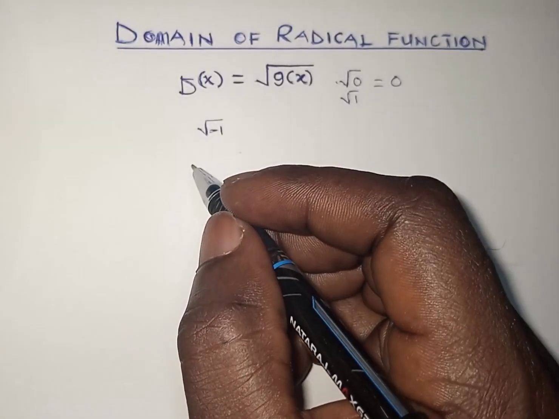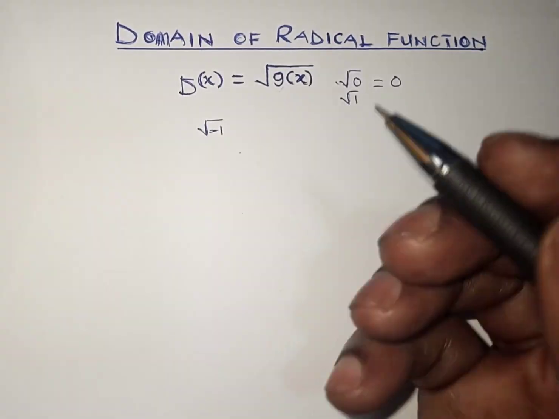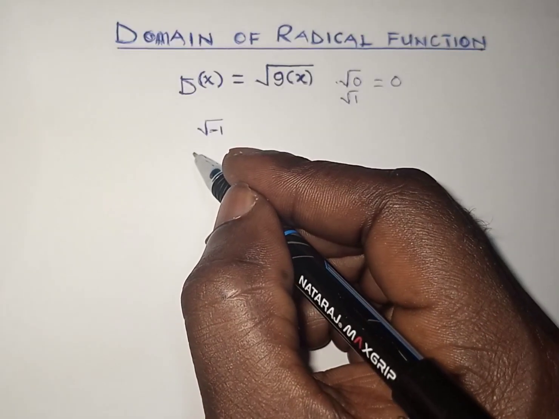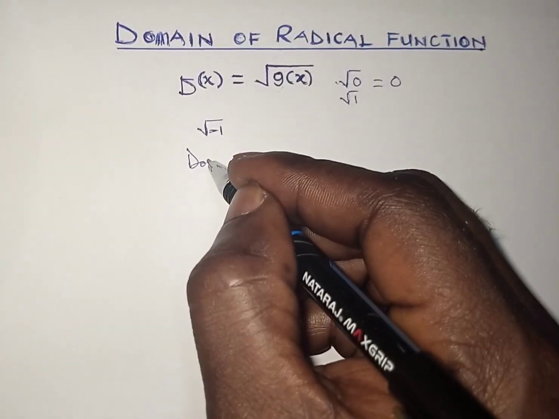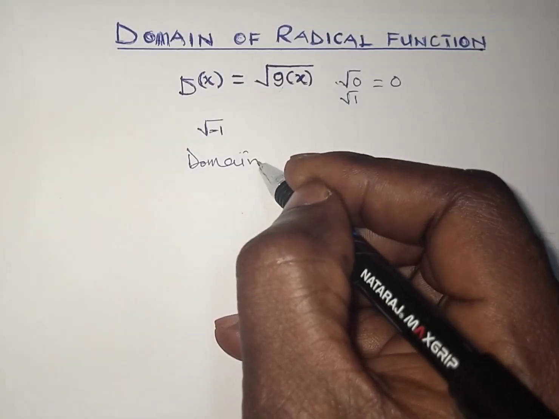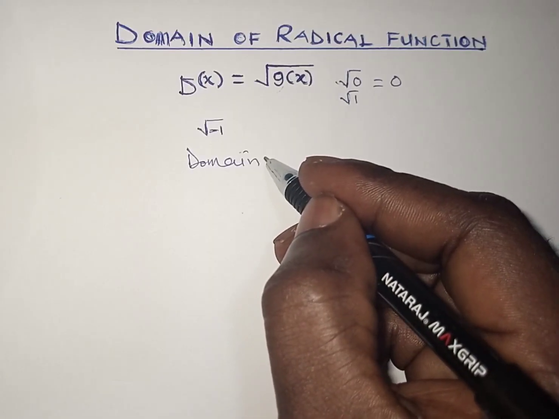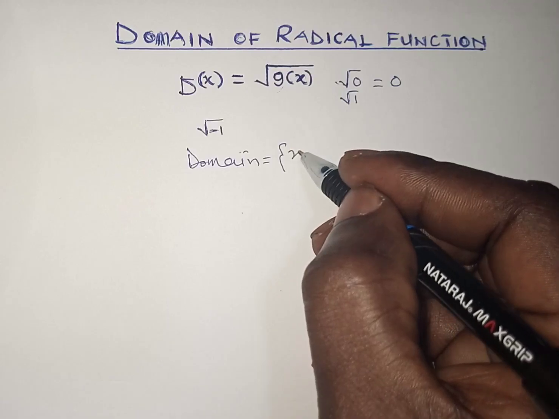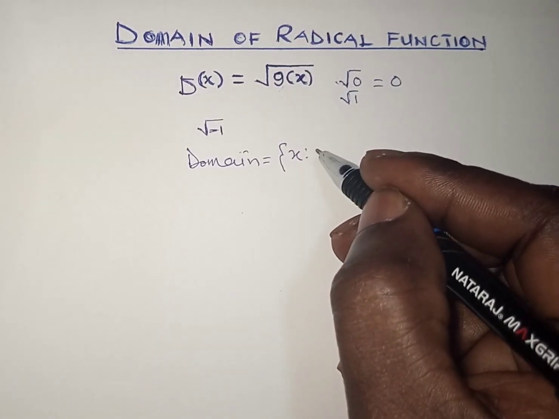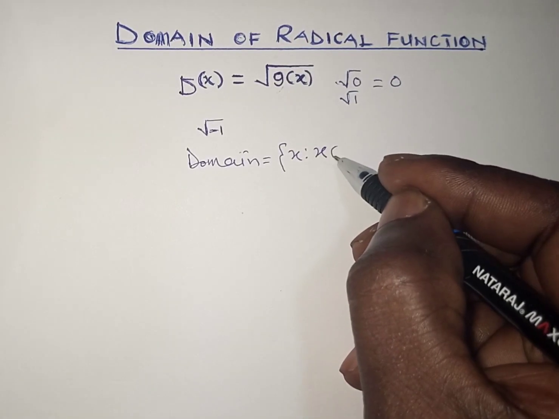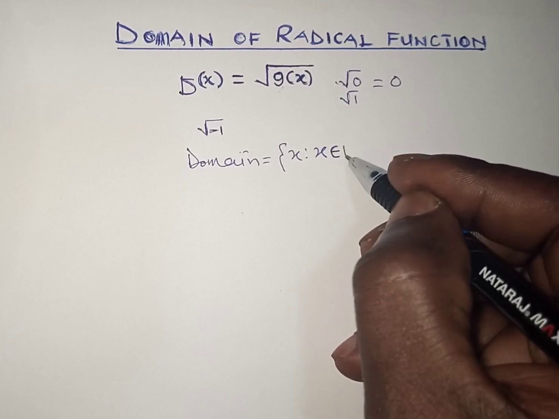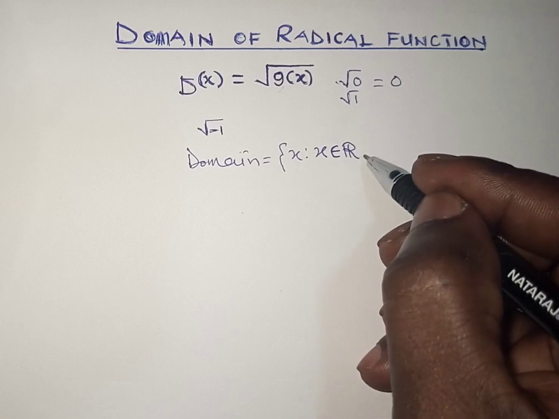For domain at the SHS level, when you are asked to write the domain, we always say the domain should be given as: x is such that x belongs to the set of real numbers.